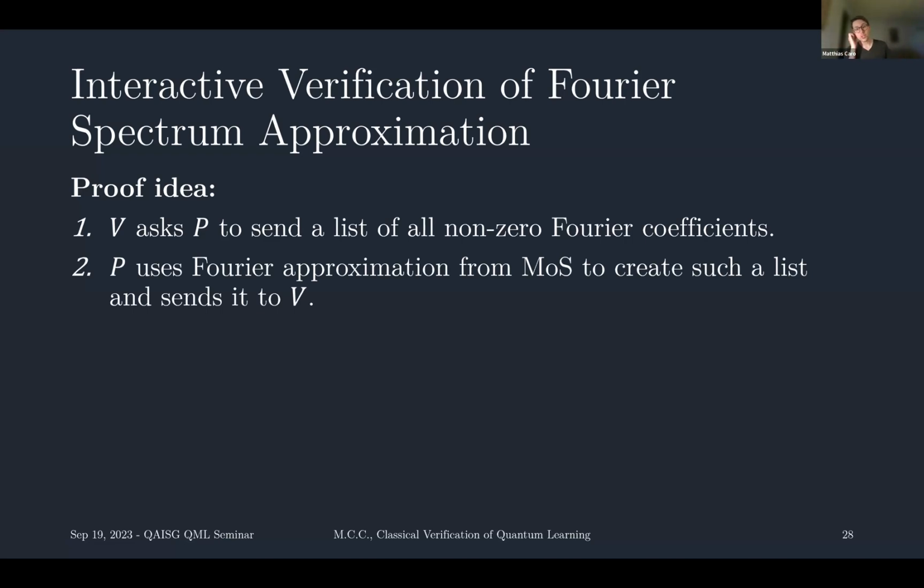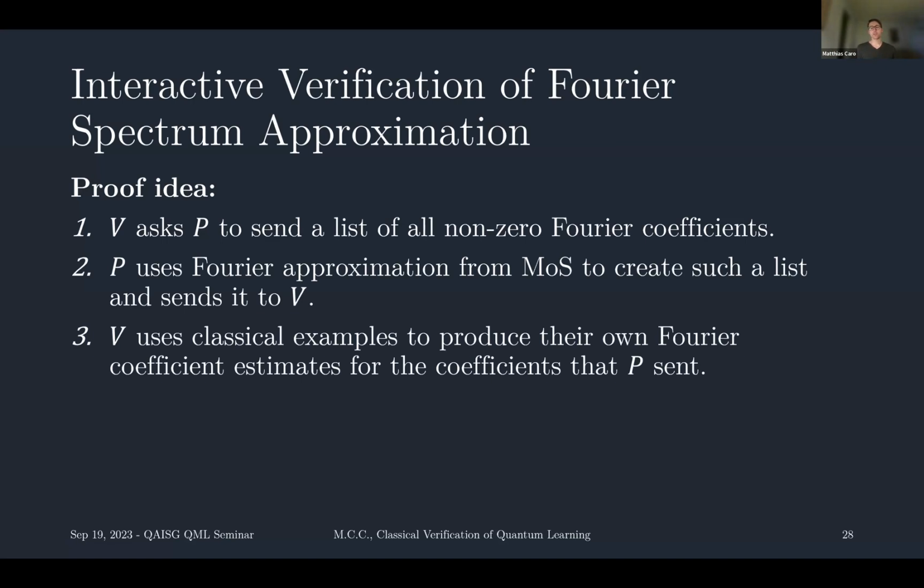But if the verifier cannot trust the prover, we need a backup step, right? We need the verifier to check what the prover does. And essentially the verifier proceeds as follows. First, the verifier uses their own classical data to estimate the Fourier coefficients that P sent. So the verifier is not going to trust what the prover sent. It's going to produce its own estimates for those coefficients.